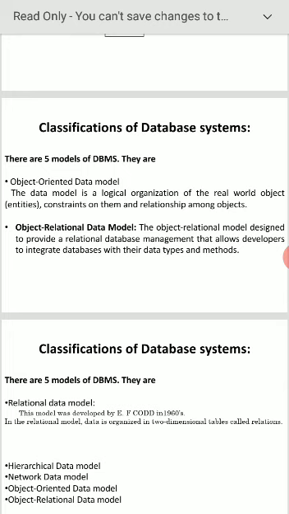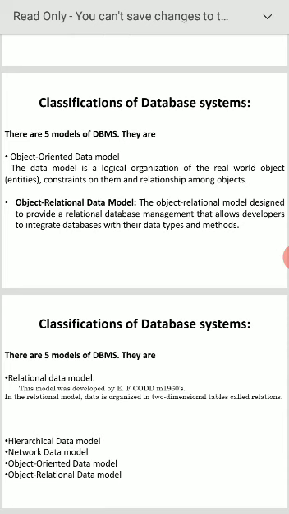Attributes and methods: every object has a state and behavior. Class: a means of grouping all the objects which share the same set of attributes and methods. Class hierarchy and inheritance: derive a new class, subclass, from an existing class, superclass. If I derive one class from another class, that is called what? Inheritance.